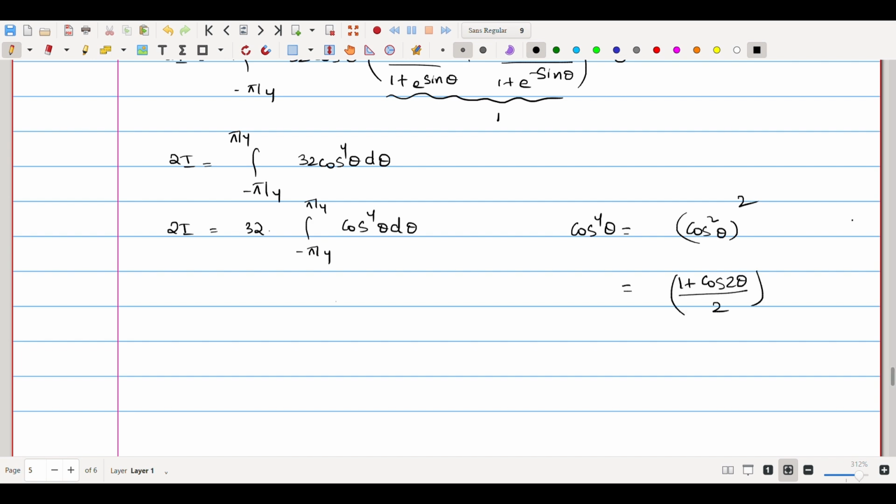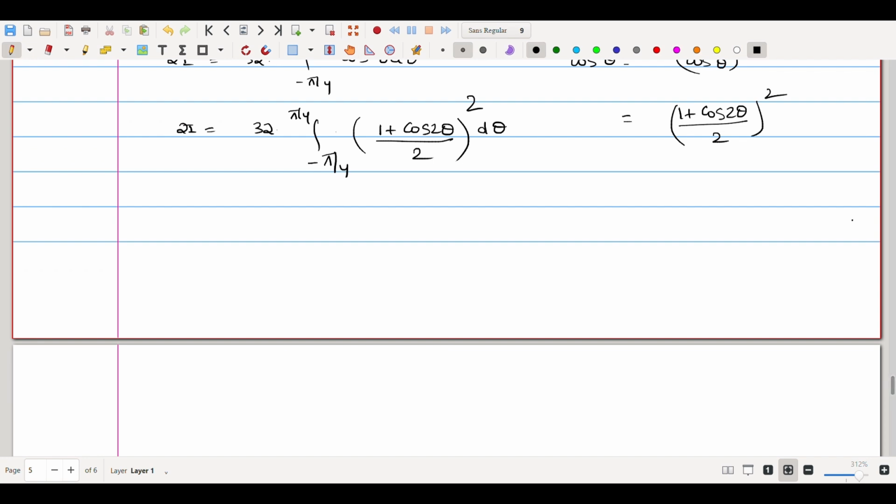So 2I equals 32 times the integral from minus pi by 4 to pi by 4 of (1 plus cos 2 theta by 2) whole squared d theta. Simply I am just reducing the powers here.